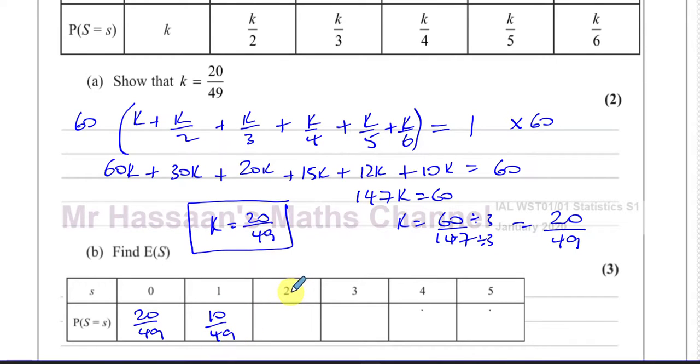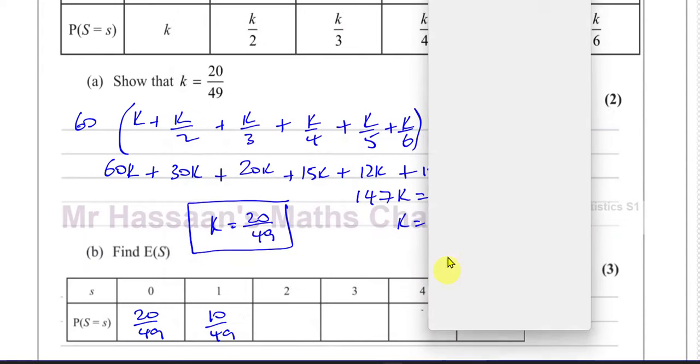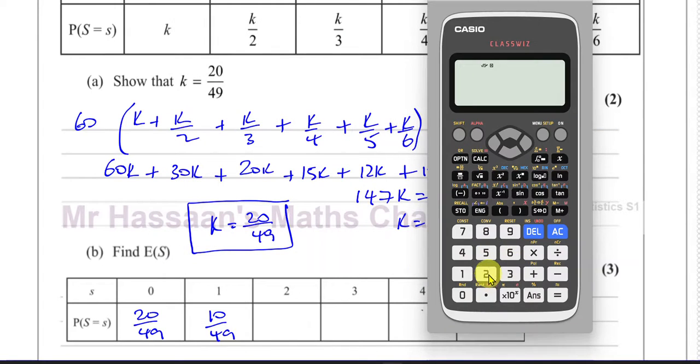And for S equals 2, which is the third column, you have k divided by 3, so it's going to be a third of 20 over 49. Well, 3 doesn't go into 20, so let's figure out what to do with that. We have 20 over 49 divided by 3, which gives us 20 over 147.